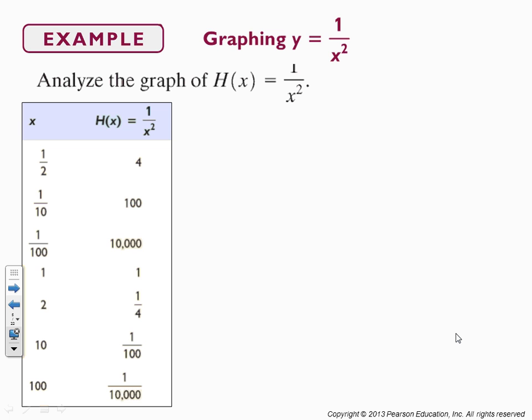If I have x in the denominator only, and I put a fraction in there, dividing by a fraction means multiplying by the reciprocal. So if I put a fraction into my fraction, it makes it a big whole number. It flips it. So instead of this being 1/2, it's going to be squared, so it's going to be 1 over 1/4.